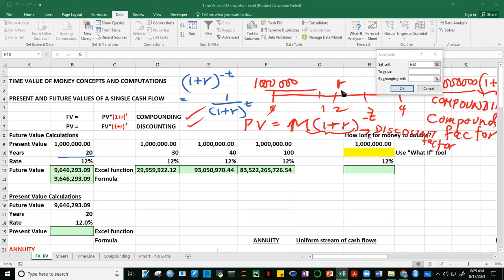Yeah. H12, okay. Set cell natin, H12, to what value? 2 million, okay, correct. By changing what cell? H10.